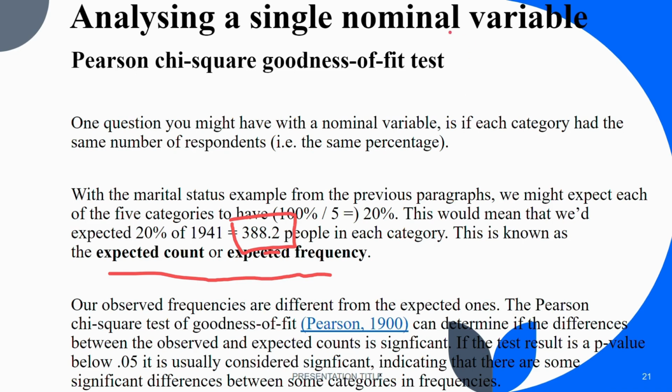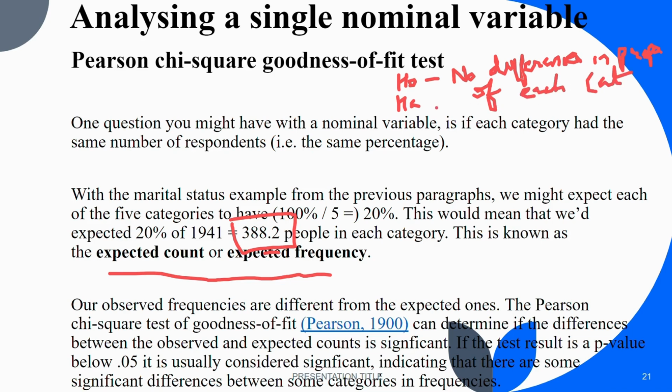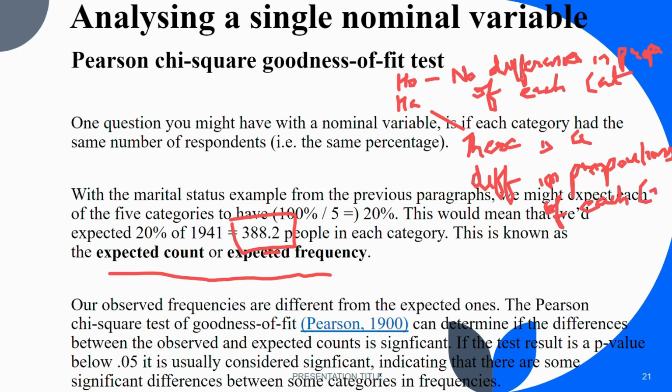What the hypothesis test is checking is whether this expected distribution matches the actual distribution. So the null hypothesis and the alternate hypothesis. The null says no difference in proportions of each category, and the alternate says that there is a difference in the proportions of each category.